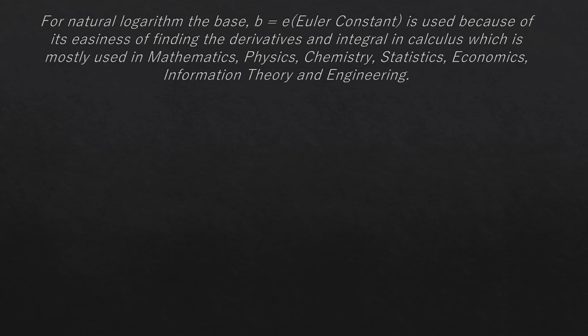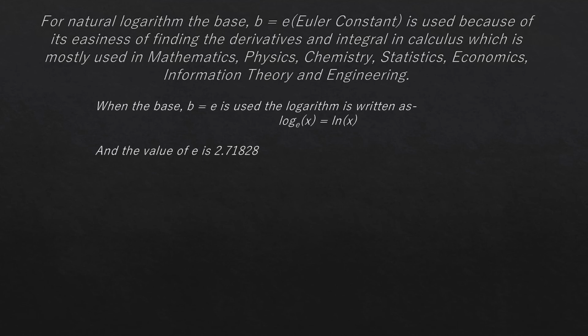For natural logarithm, the base b equal to e, Euler's constant, is used because of its ease of finding derivatives and integrals in calculus, which is mostly used in mathematics, physics, chemistry, statistics, economics, information theory, and engineering.